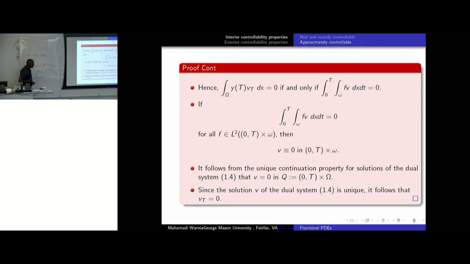Since the solution of the dual system is unique, if the solution is 0, then necessarily the final datum is 0. And then you have that your system is approximately controllable in any time T and with any control function.